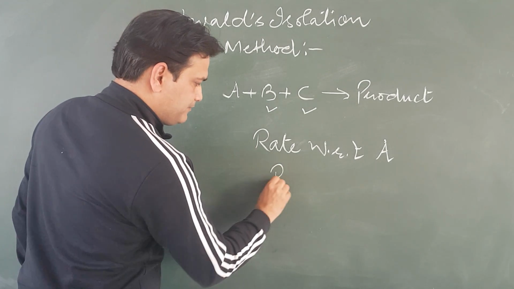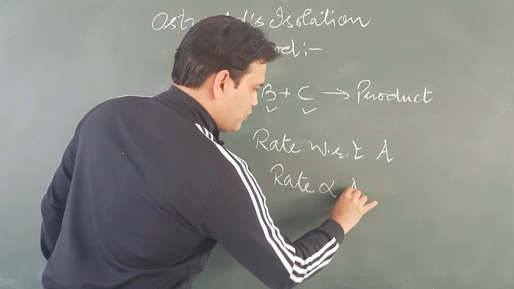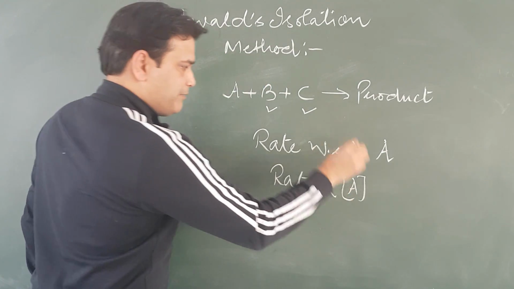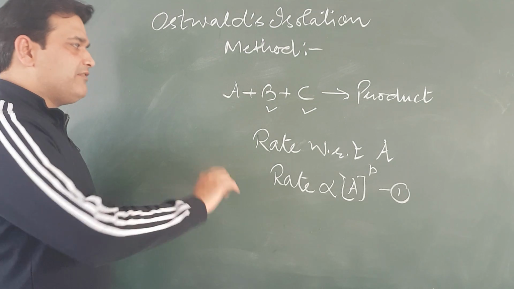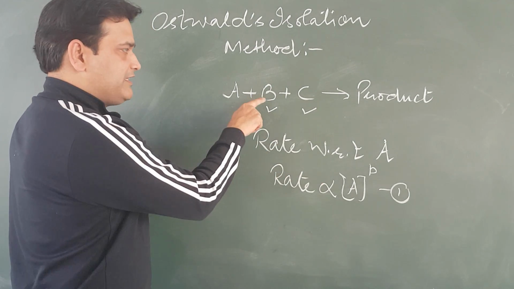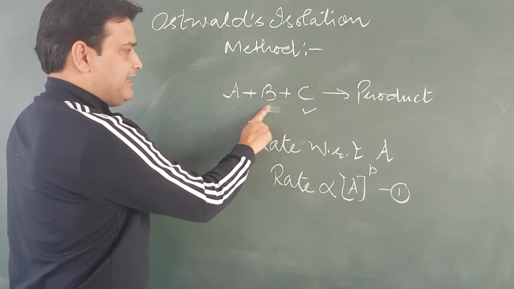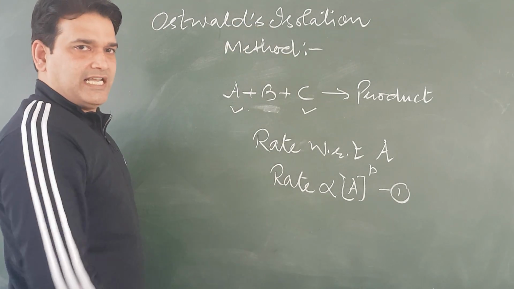For example, the rate is directly proportional to the concentration of A, suppose raised to the power P. Likewise, when we have to calculate the order with respect to B, then A and C will be taken in excess.